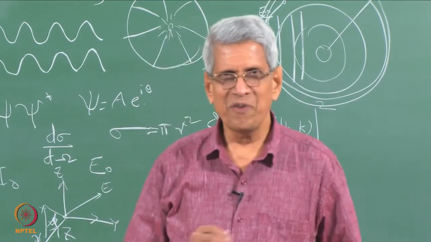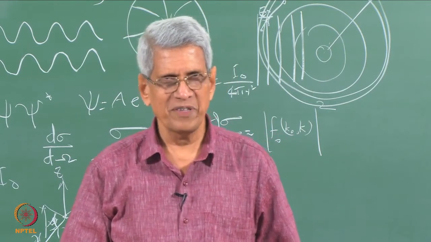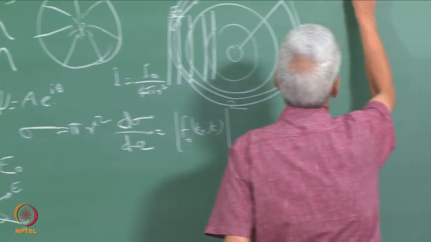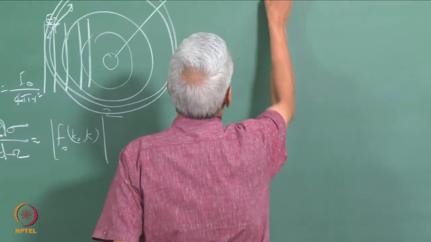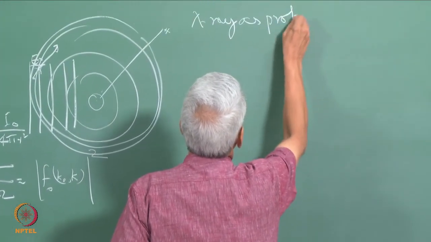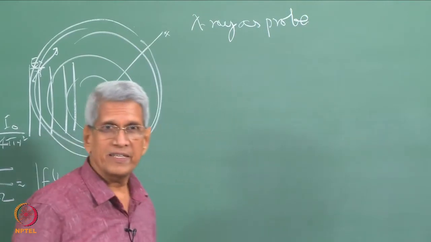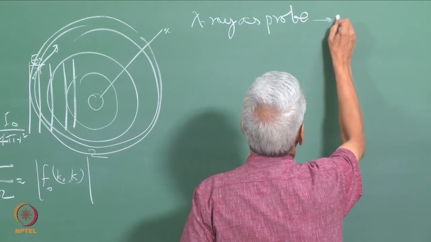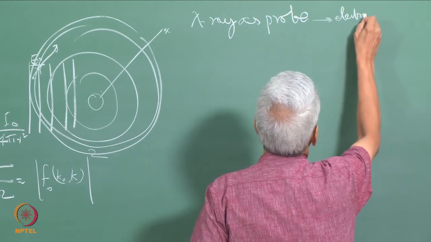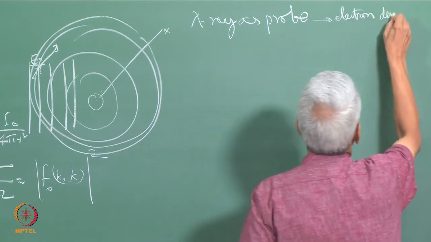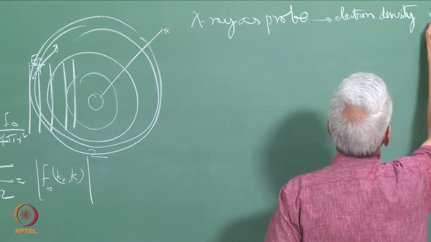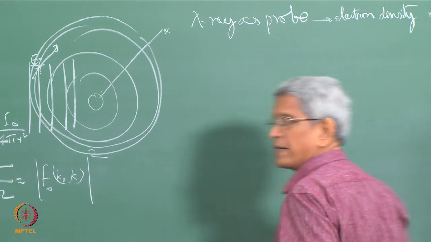What is the information which we get from each of these experiments? Suppose we use X-ray as a probe, the information which we can get is essentially the electron density distribution, or electron density map of the sample.